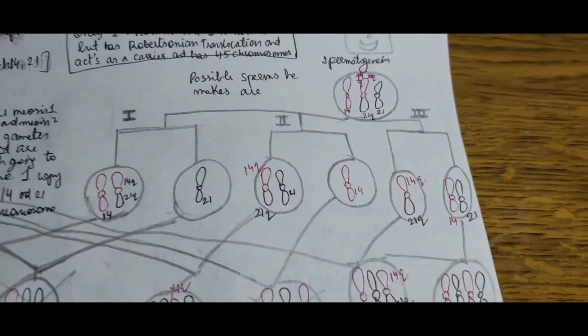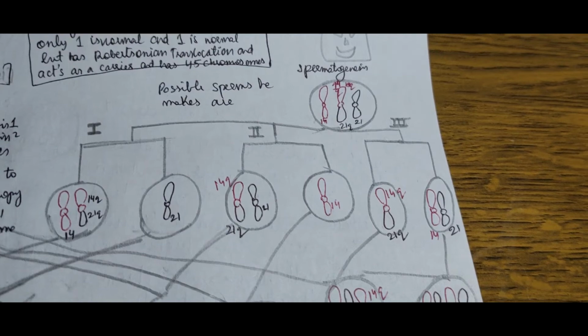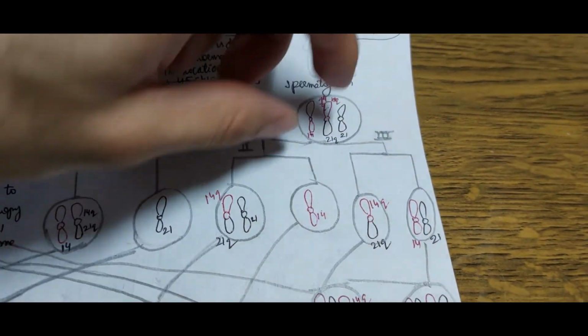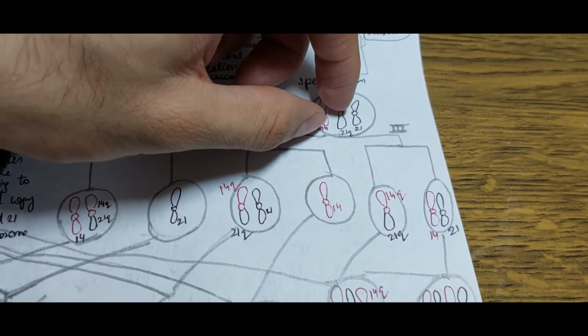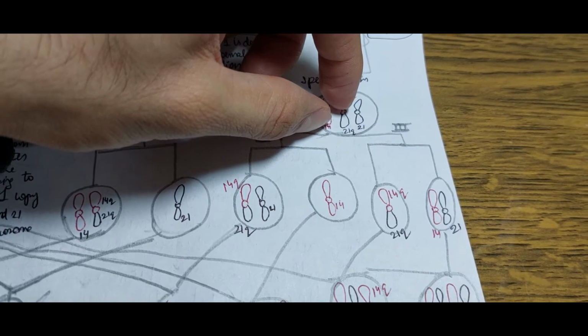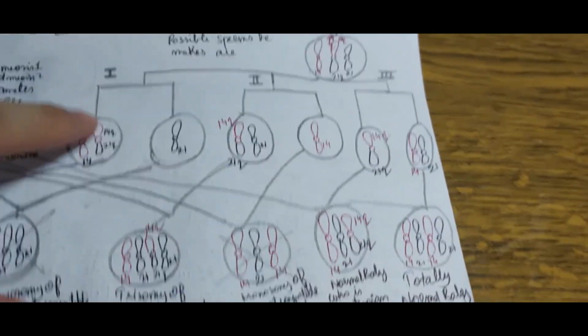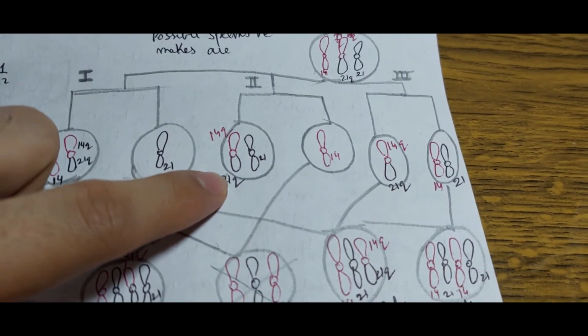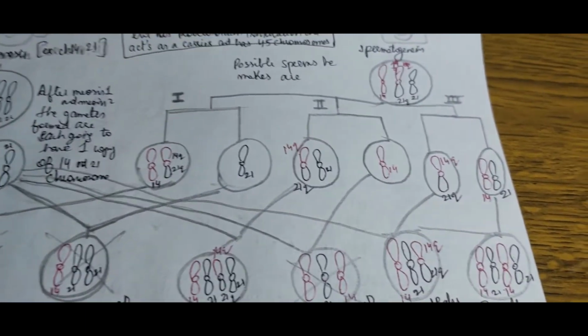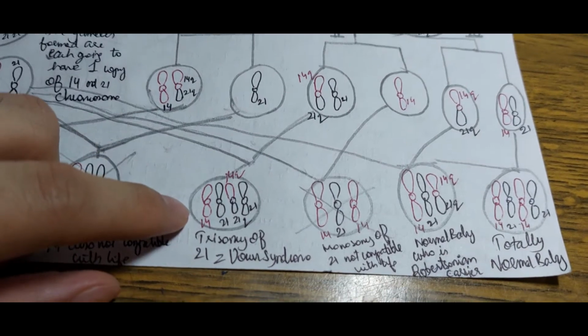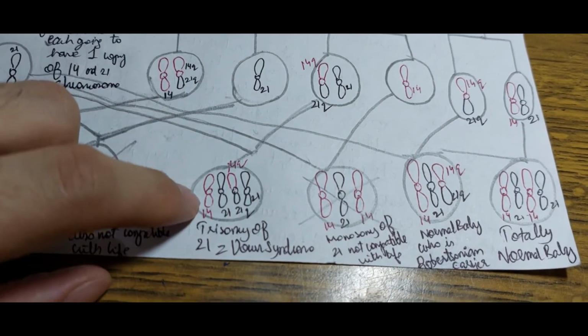The second possibility that the male can synthesize sperms is that he will combine these two as one, and this goes separately. When we fertilize such sperm with a normal female egg, we are going to get trisomy of 21.